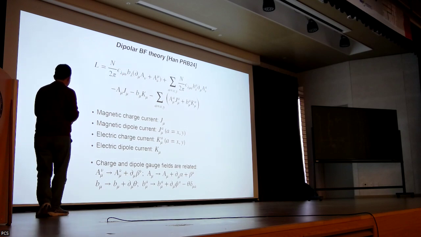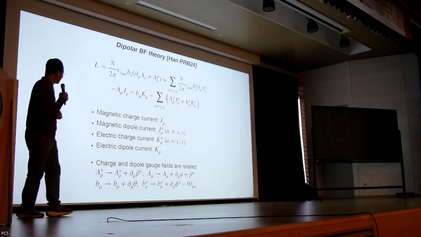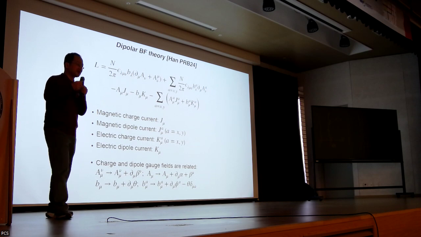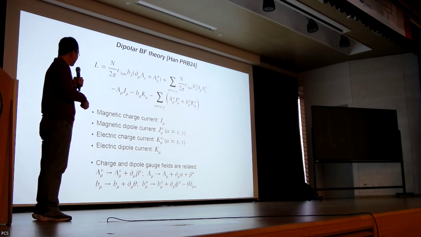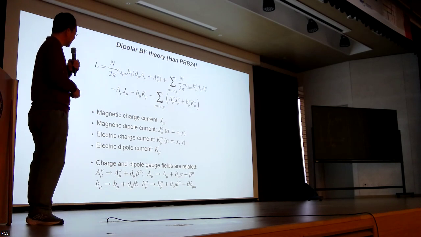And furthermore, the transformations of these gauge fields are interrelated in the sense that this beta field appears both in the transformation of my A and A nu. So A with the upper index refers to the dipolar gauge field. The one without it refers to the usual charge gauge fields.